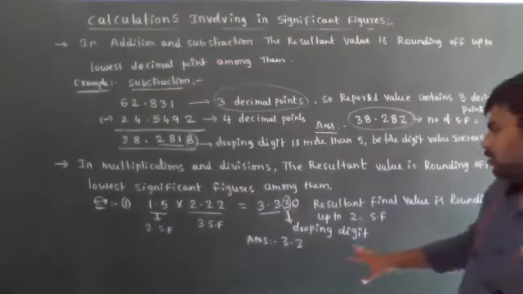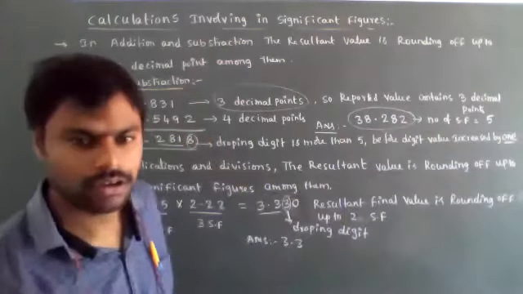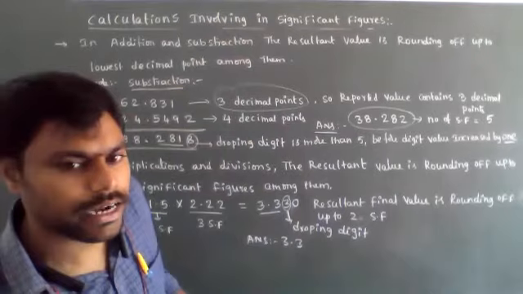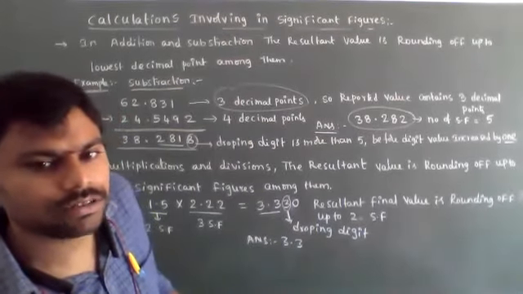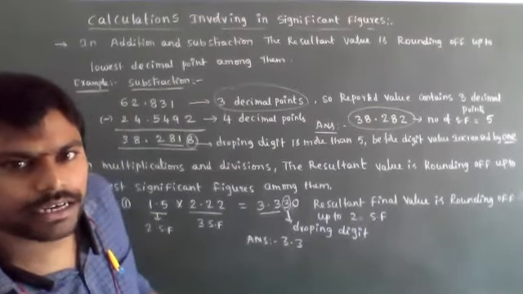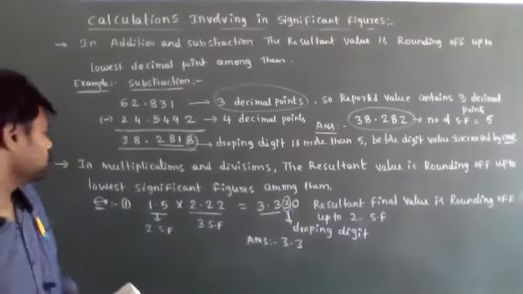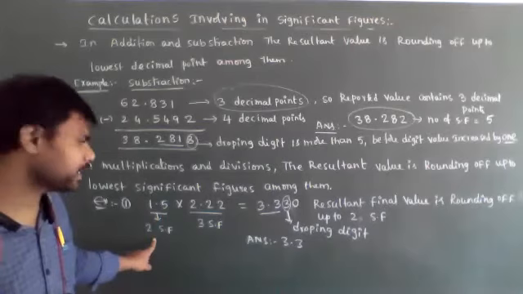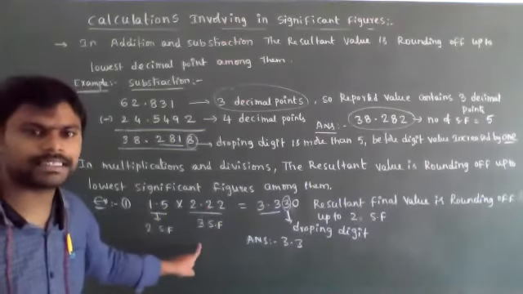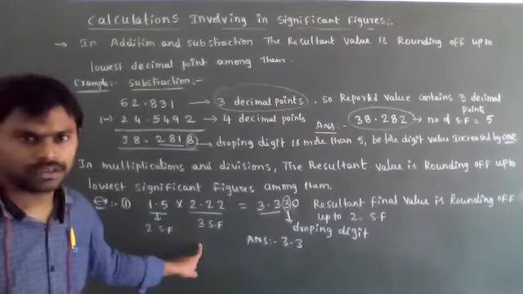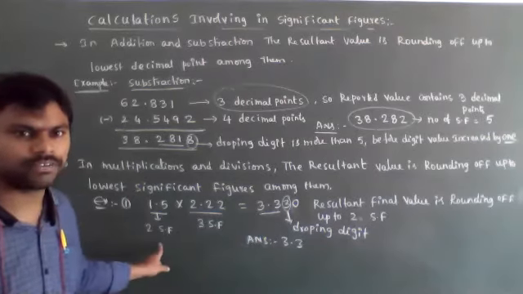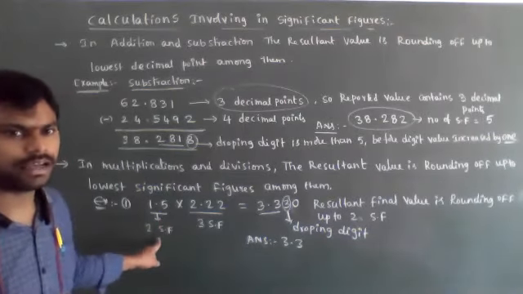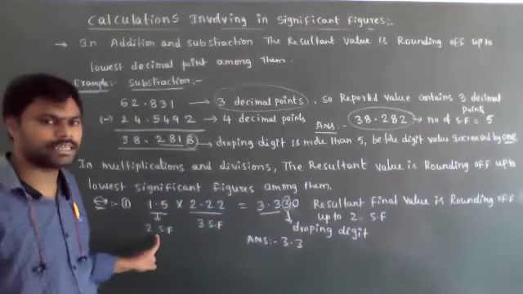Okay. So like that we need to do multiplication and applications related to significant figures. Clear? See, 1.5 contains 2 significant figures. 2.22 contains 3 significant figures. Which has the lowest significant figures? 1.5, with 2.